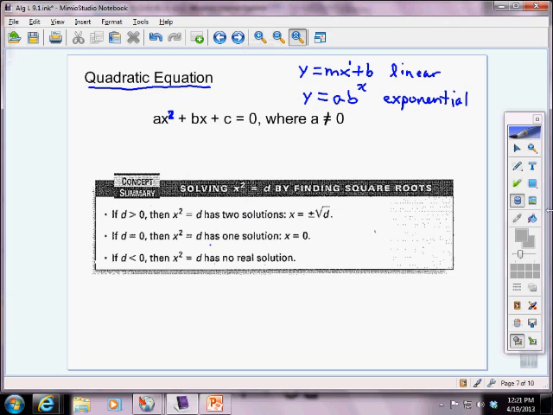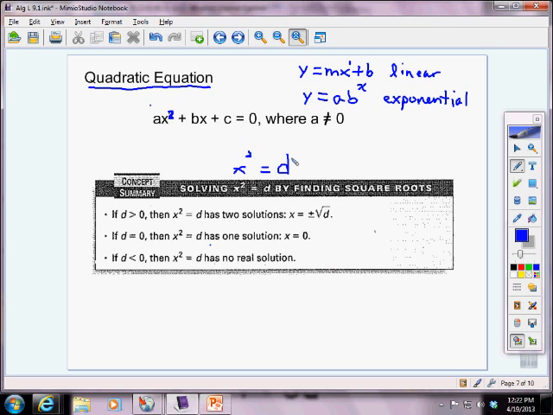And what this says is if d is greater than 0, what is d? That comes from right here. x squared equals d.